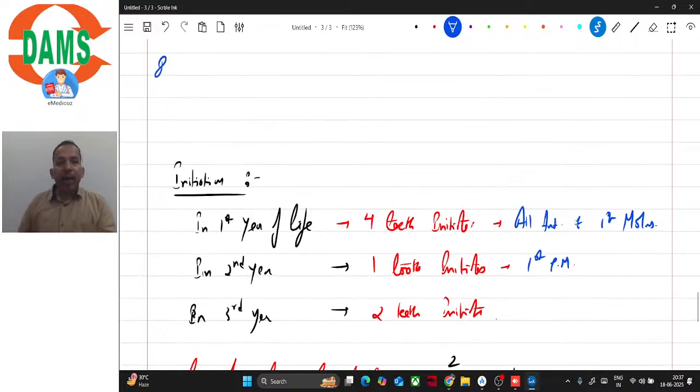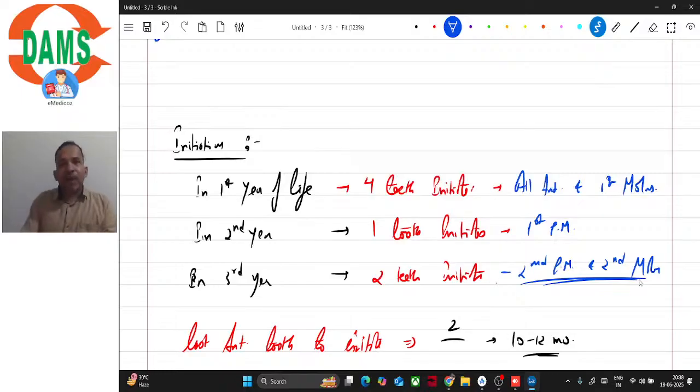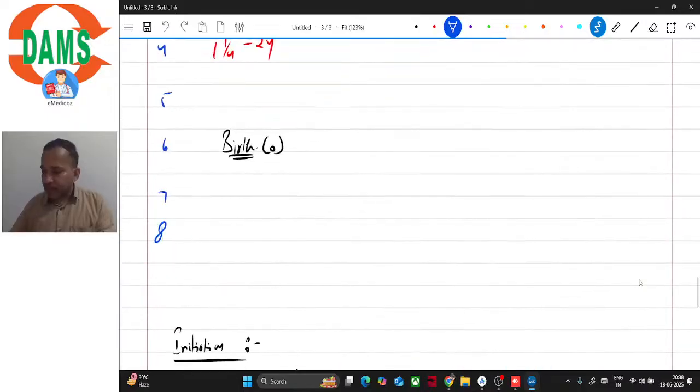And so what are the two teeth we are left with? Second premolar and second molar. So these two teeth will be initiated in the third year of life. So in the first half, that is 2 to 2.5 years, second premolars will be initiated, and in the second half, that is 2.5 to 3 years, second molars will be initiated, isn't it?